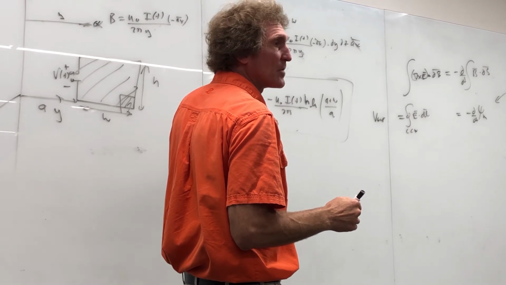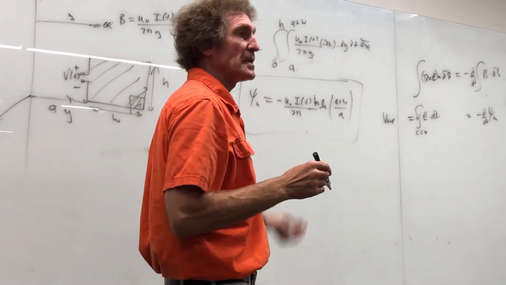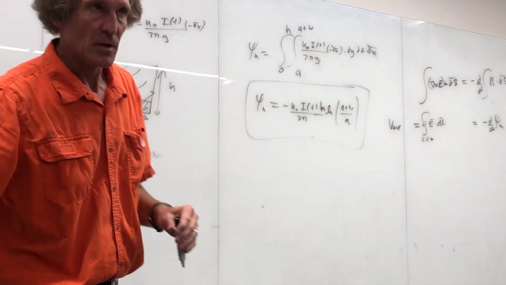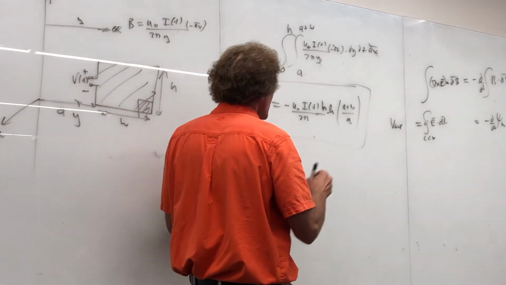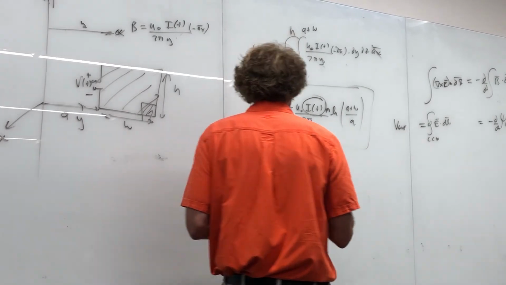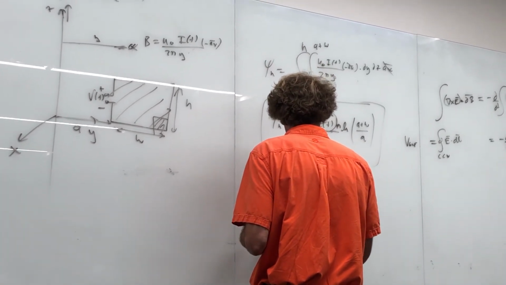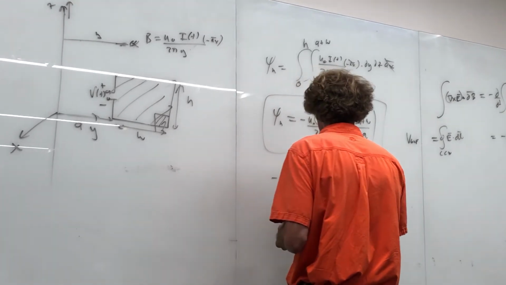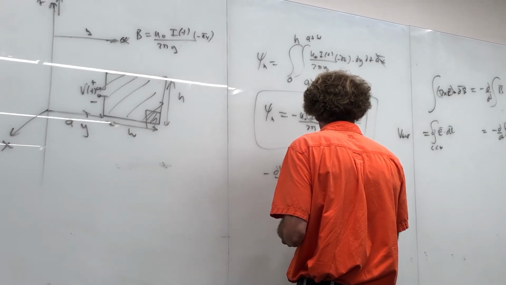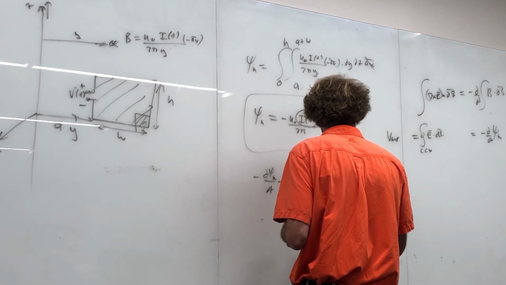Now I've got that as my flux, right? And I've got the minus sign. Now I need to take the time derivative of it. Can you all see that the only thing that varies in time is I? So what I can really say is minus d phi dt, magnetic flux with respect to time, is going to be equal to minus mu 0 over 2 pi times h times the natural log of a plus w over a.